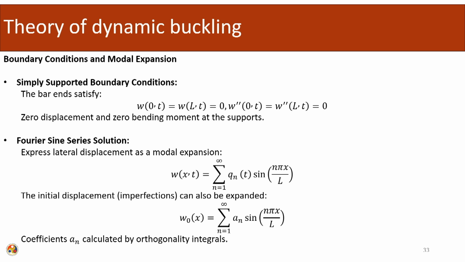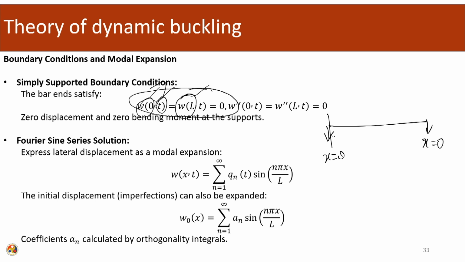At the boundary condition we introduce the terms: the deflection at the two boundaries, at time t equals 0 and at time t equals t, at the ends is 0. So, at this end x equals 0 and at this end x equals L, the vertical deflection is 0. After that we introduce the rotational component.